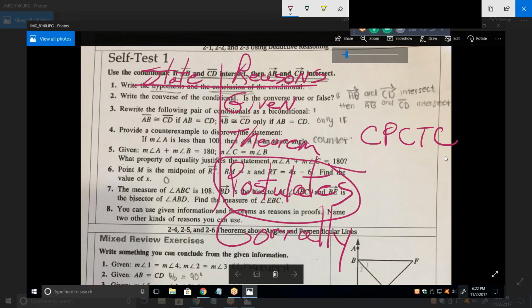In other words, if I said a right triangle satisfies the Pythagorean theorem such that a squared plus b squared equals c squared, that is the Pythagorean theorem.